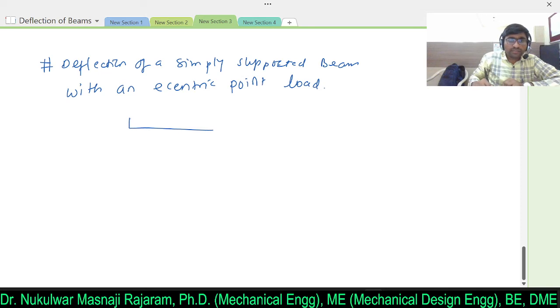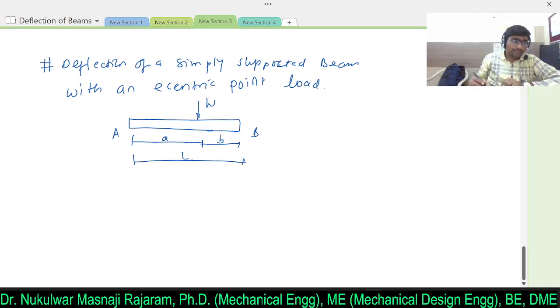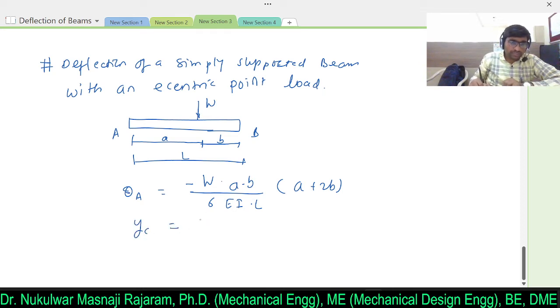So if there is a beam, and if there is an eccentric load acting on the beam, let's say this distance is A, this distance is B, and entire distance is L. At that time you will get slope at A, I will write directly, we can derive the equation, that will be W into B into L plus B divided by 6 EI into L, A plus 2B.